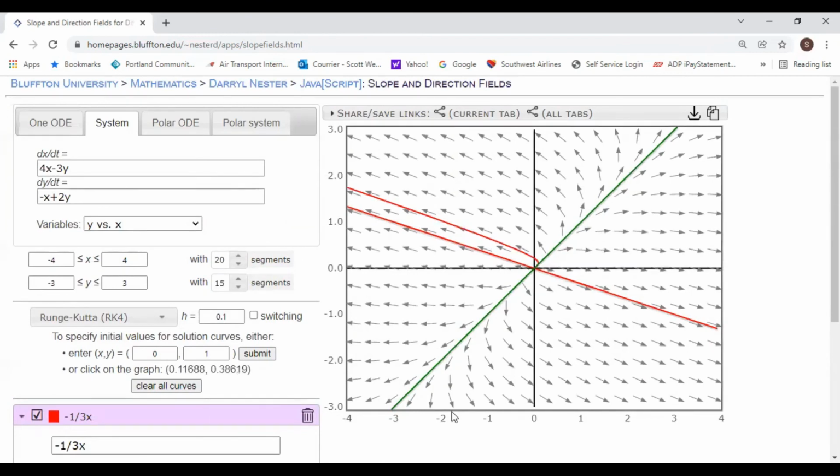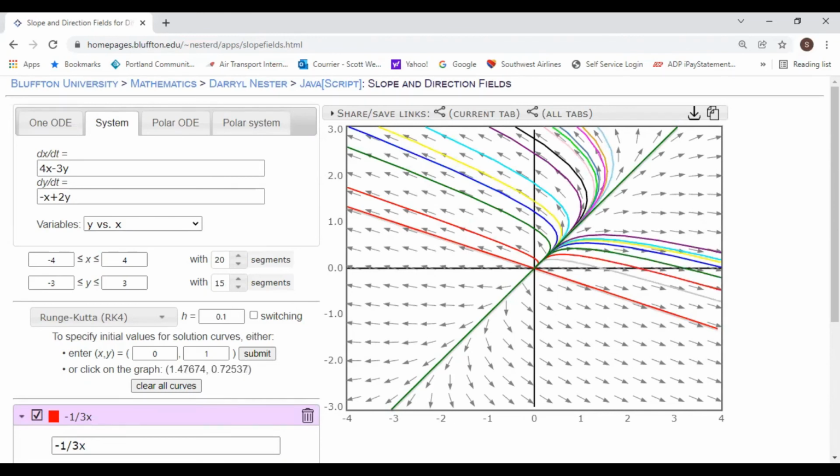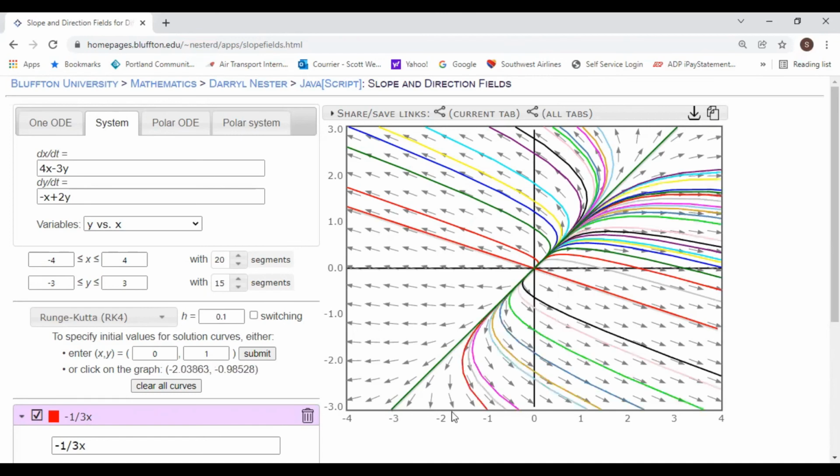So here it was a little bit easier to project what was going to happen. What happens is they all start off going along the direction of the one, and they end up along the direction of the other. And because the two were so vastly different from each other, we end up with just this nice little stream of solutions.